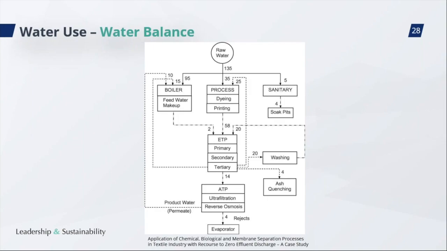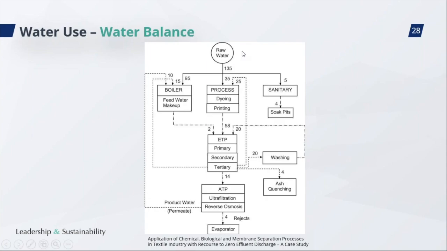And if we go from the top, you can see the raw water, the fresh water that is coming in, is here 135 cubic meters per day probably. And it is divided into 5 cubic meters that goes into the sanitary area, and 35 that goes into the actual manufacturing processes. And here in this case, actually 95 goes to the boilers, quite a lot goes to the boiler.